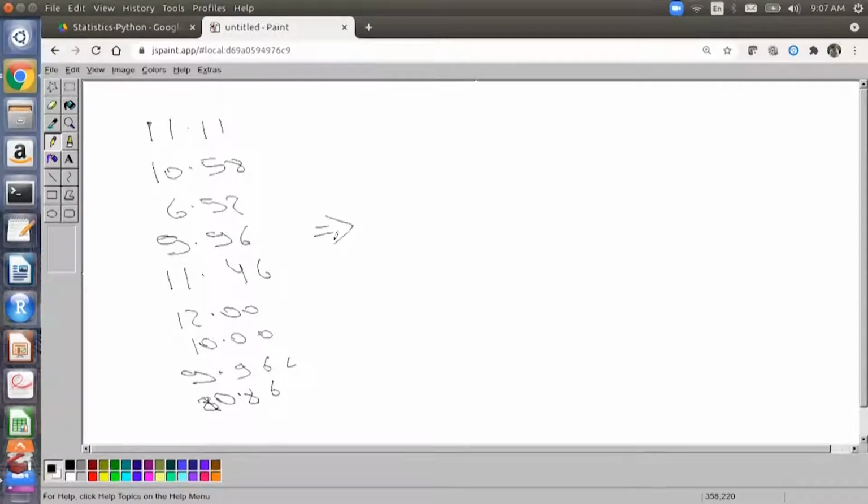So let's take the mean for now. Probably my mean came as 10.46. Let's assume the mean value is 10.46. So can I say, on the basis of this sample, that the average salary of my population is 10.46 lakhs? Yes.